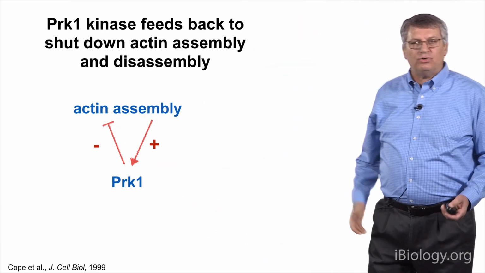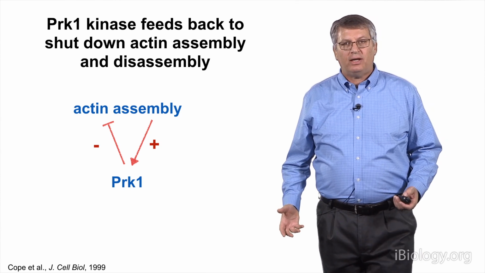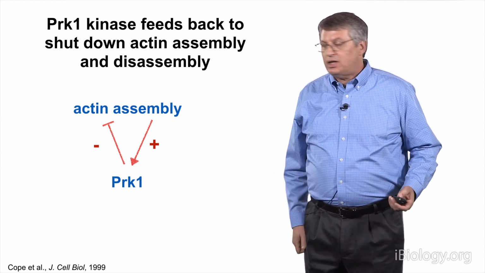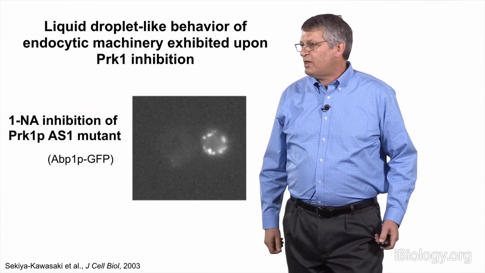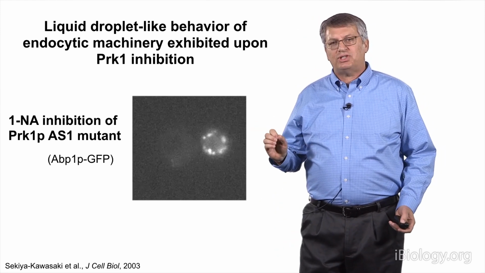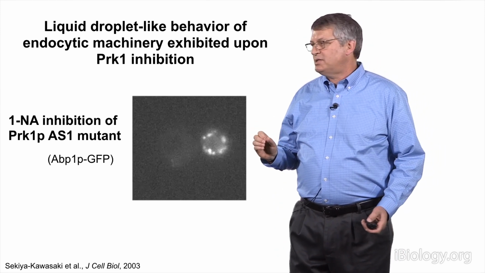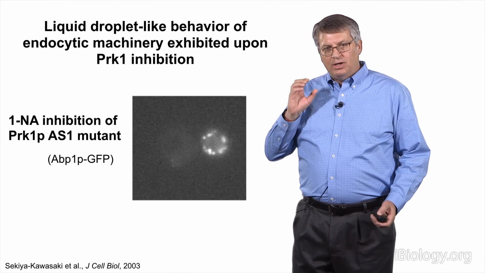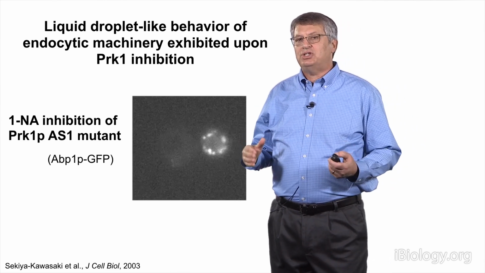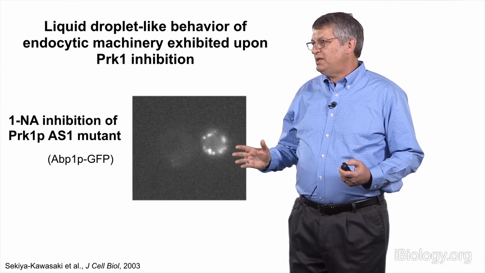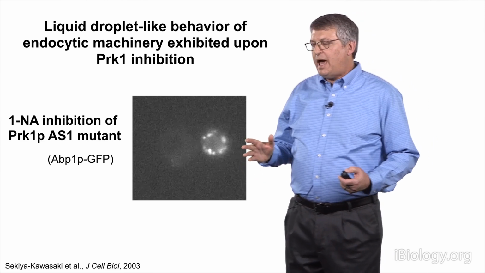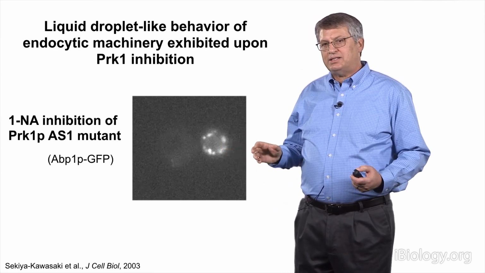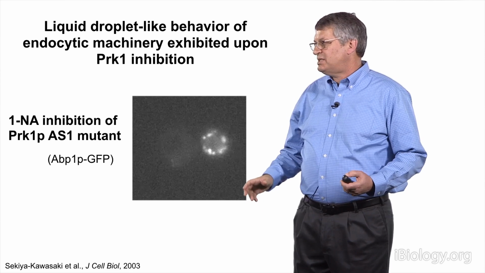We made a so-called analog-sensitive allele of PRK1 kinase using a technology that Keyvan Shokat at UCSF developed. And so that gave us a chemical switch where we could turn the kinase on and off. Remember, this kinase causes the actin nucleation to stop. And so when we inhibit the kinase, the new actin sites can be assembled, but they can't be disassembled.